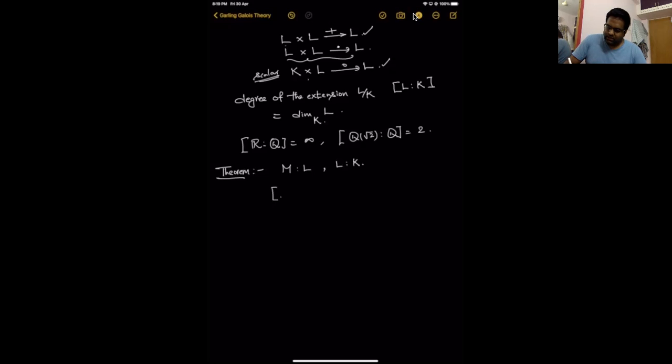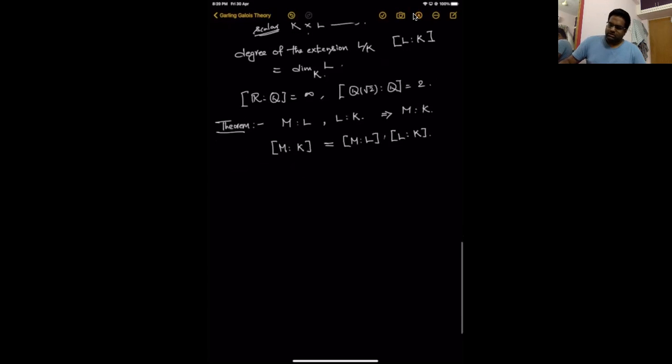Then, so you can consider that M is an extension over K, the degree of M over K is the degree of M over L times the degree of L over K. Okay, this is the first theorem. So in other words, the degree of an extension is multiplicative.